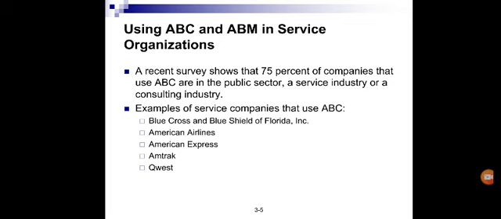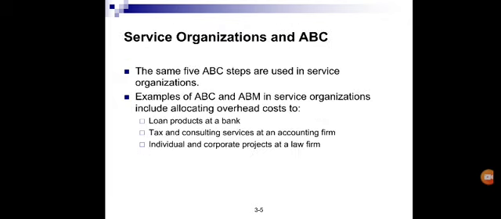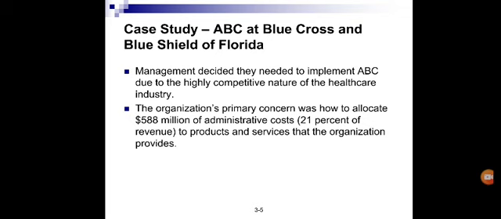Here are examples from the US: American Airlines, American Express, Amtrak, etc. The way to use ABC in a service business is the same. You have to follow the 5 steps. Some banks also use ABC systems. Okay, this is a case study.